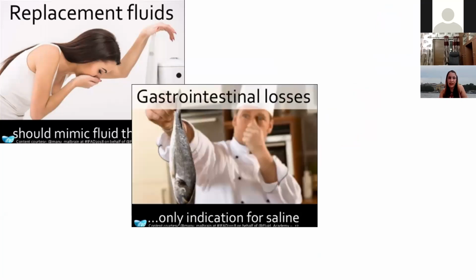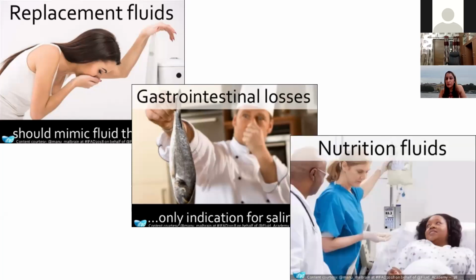Like for the GI losses that we talk about, we know the gastric fluid is a chloride-rich fluid. So that's actually the only indication as of now for use of saline in the ICU.